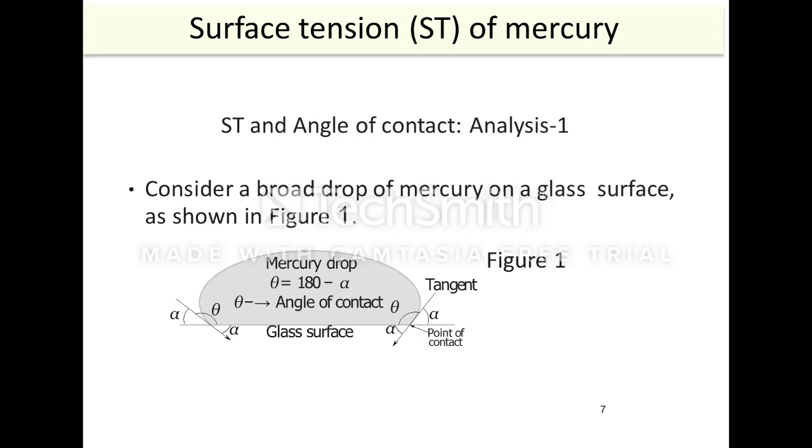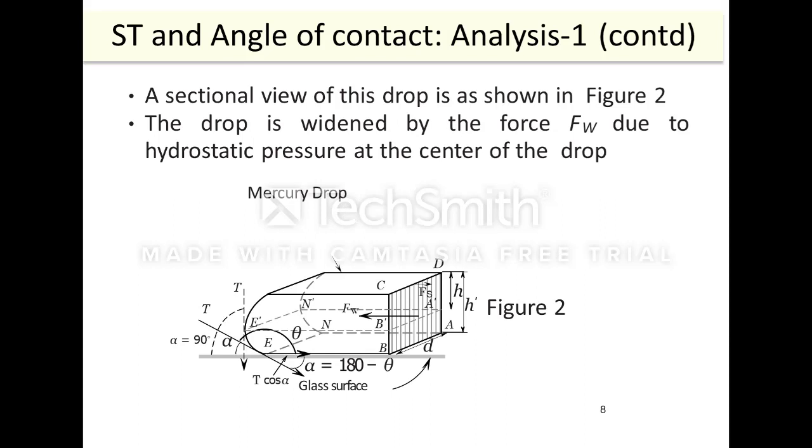Surface tension and angle of contact analysis 1. Consider a broad drop of mercury on a glass surface as shown in figure 1. A sectional view of this drop is as shown in figure 2. The drop is widened by the force Fw due to hydrostatic pressure at the center of the drop.